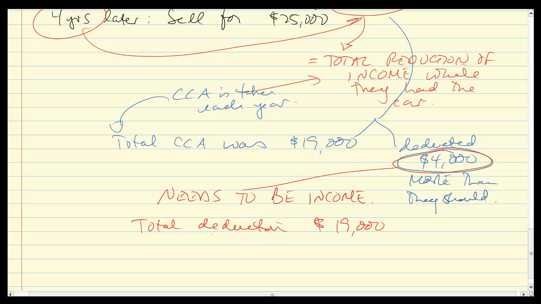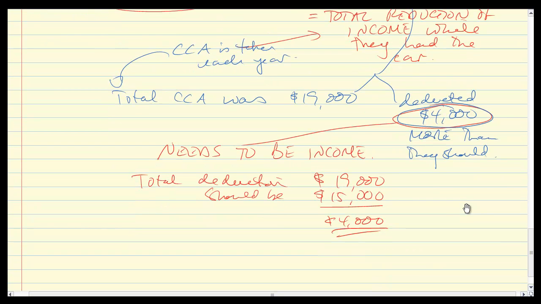They should be 15. So there's the difference, $4,000. So that's what we have to do. We have to bring that back into income. And what this is called is recapture. We need to recapture it into income.